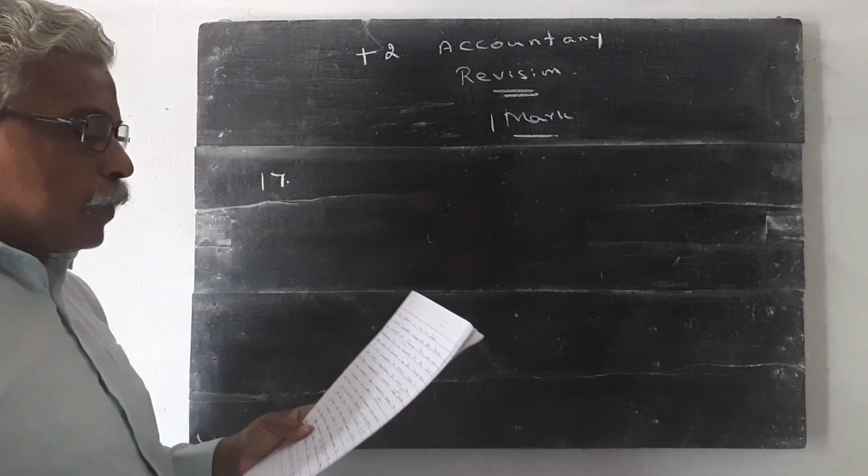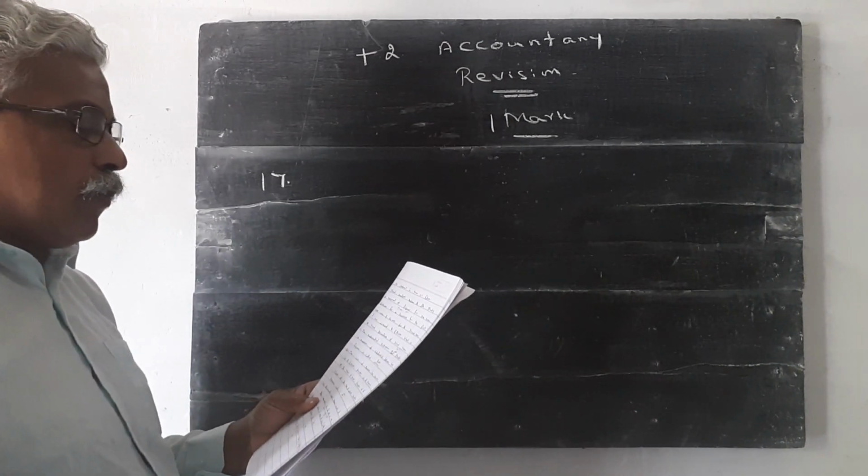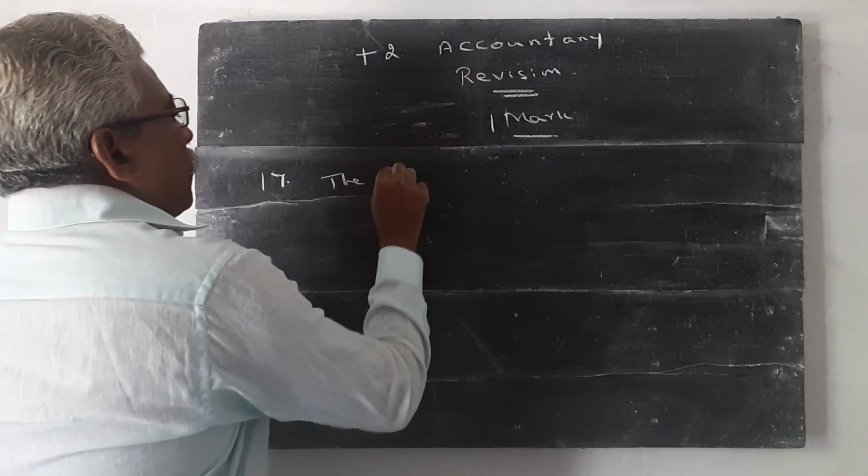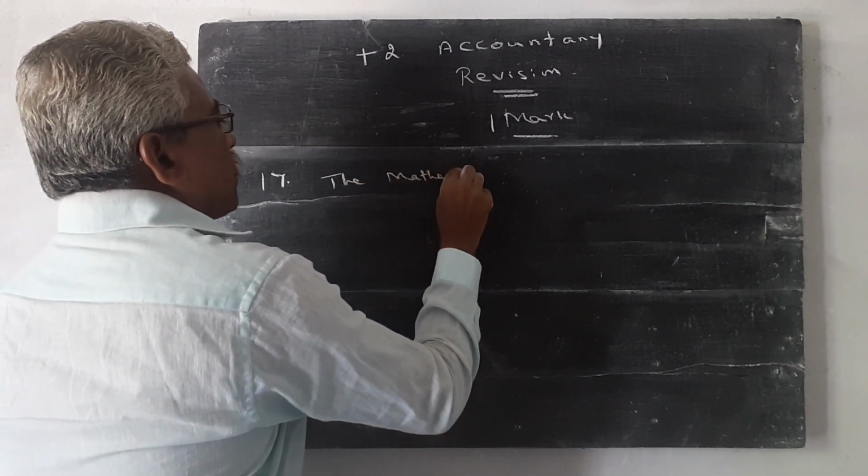The mathematical expression that provides the measure of relationship between two figures is called a dash.